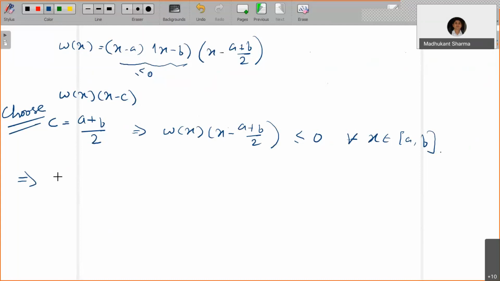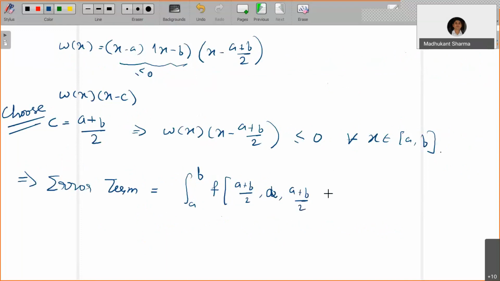So the error term in Simpson's one-third rule is going to be the integration from a to b of f of a comma (a plus b) by 2 comma b comma x times w of x into (x minus c), that is (x minus a) into (x minus b) into (x minus (a plus b) by 2) whole squared, dx.